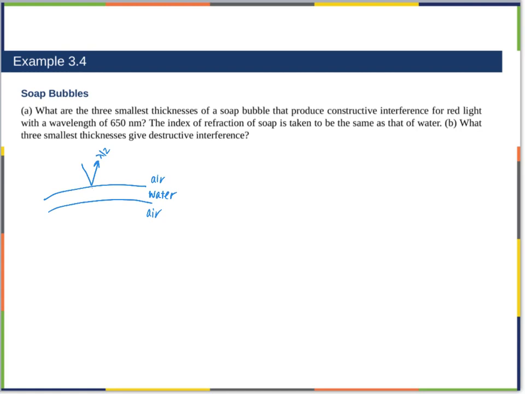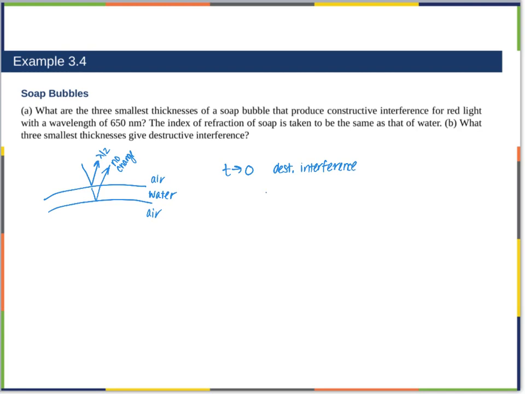There might be some light that goes down into the soap bubble, the water, and bounces off of the other layer of air, which has a lower index of refraction, so that one will experience no change. So essentially, if t was going to 0, there would be destructive interference of these two waves.